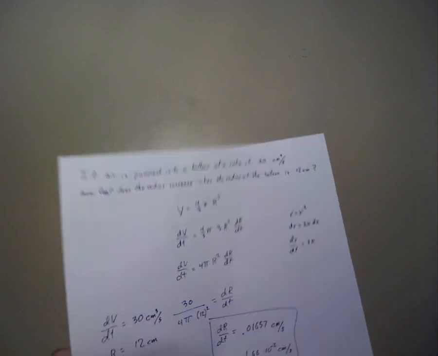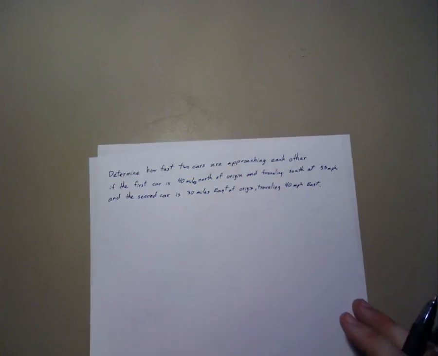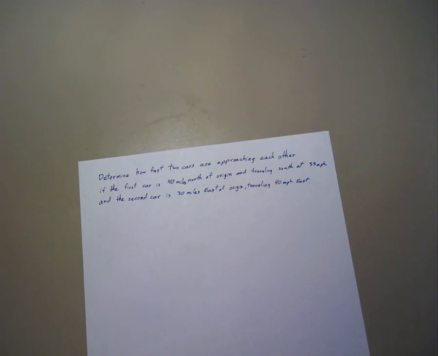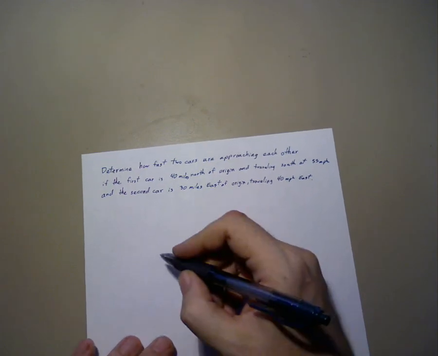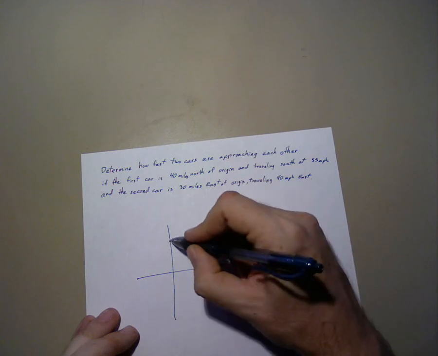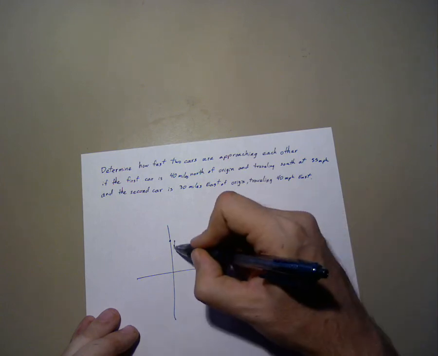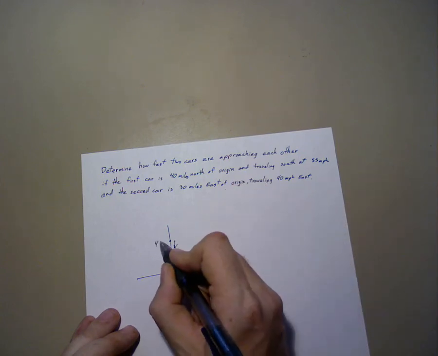A different problem, another related rate problem, involves determining how fast two cars are approaching each other. In this case, we have car A that is 40 miles north of the origin and traveling south at 55.